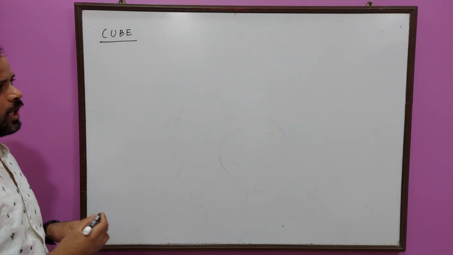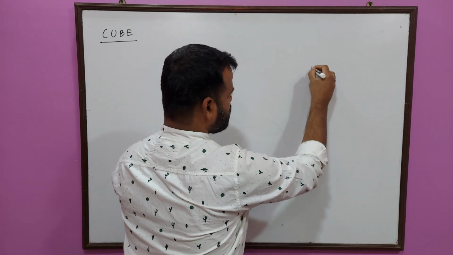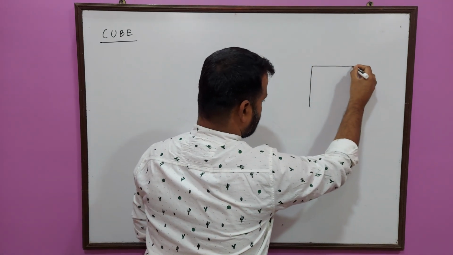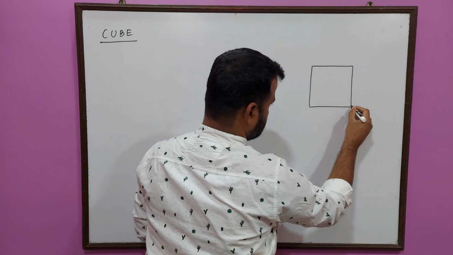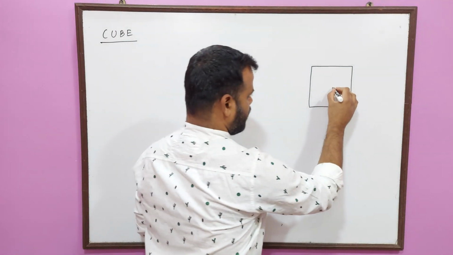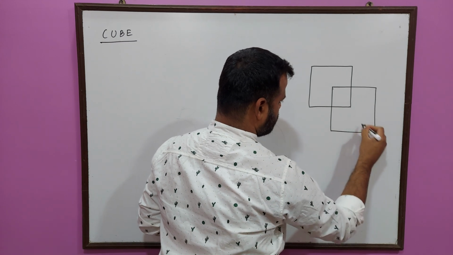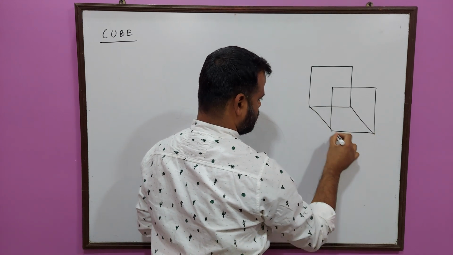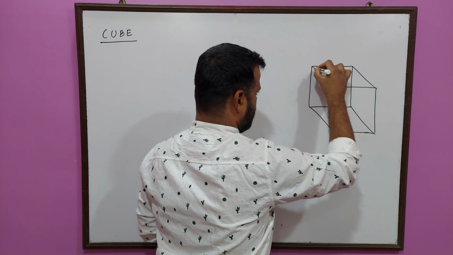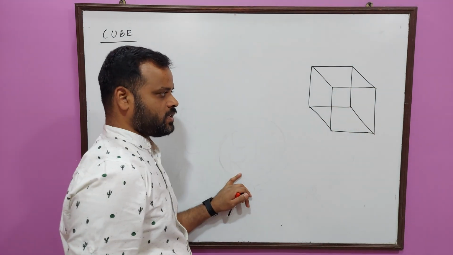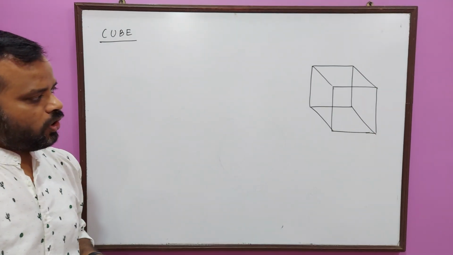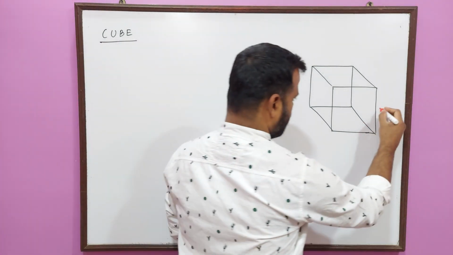So the cube is made up of square faces. Cube is having square faces. And since it is made up of square faces, all sides of a cube are equal.